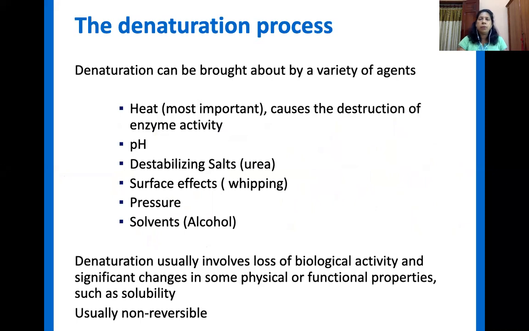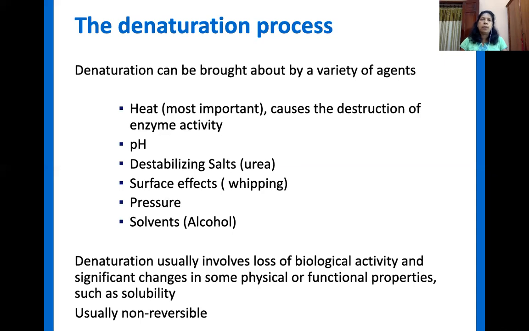Right. Now you know the denaturation process and what is happening there. Therefore, today we are going to discuss not the denaturation process itself, but the agents, how we can change denaturation, or how we can support the denaturation process.